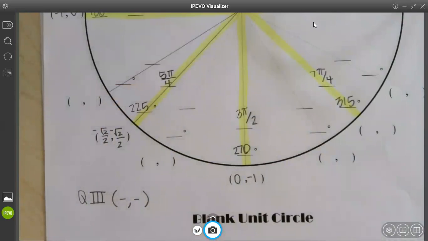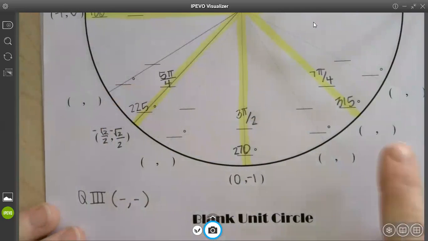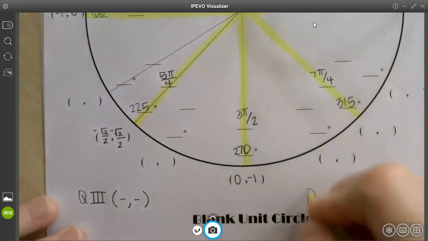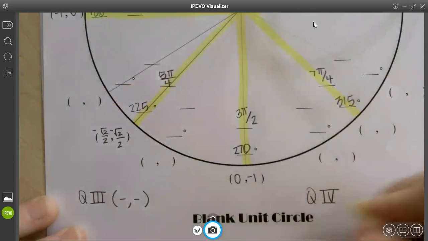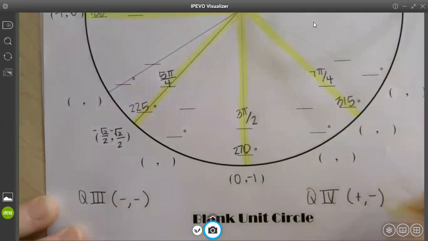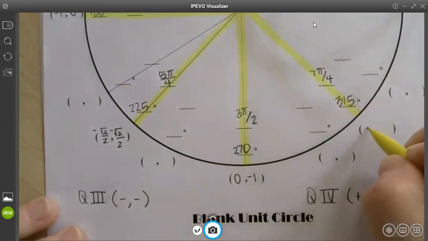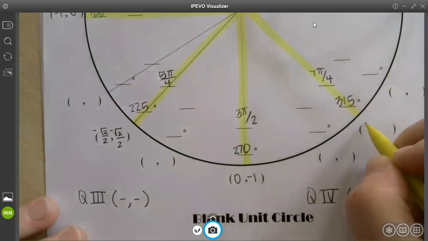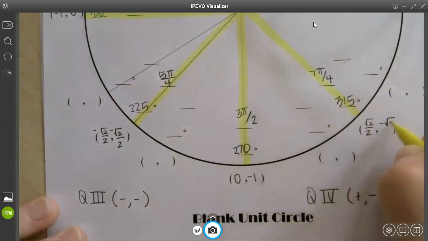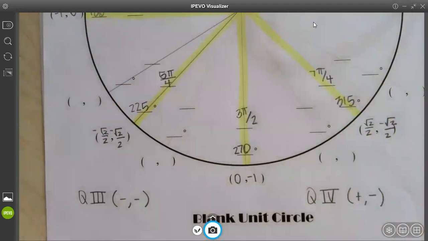So then what is quadrant 4? Positive, negative. So what is the coordinate right here? Good. Square root of 2/2, negative square root of 2/2.